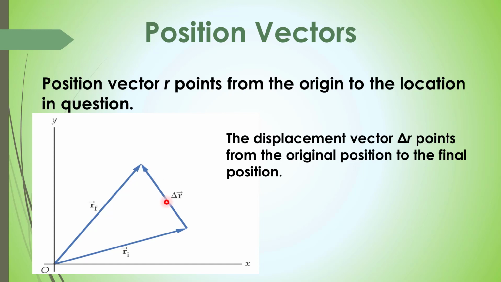It points from the original position: if this is the original position, then you make the tail of the vector over here. Right now we are taking this as Ri initial and Rf final, so we start from here to here, that is delta R, the displacement vector.